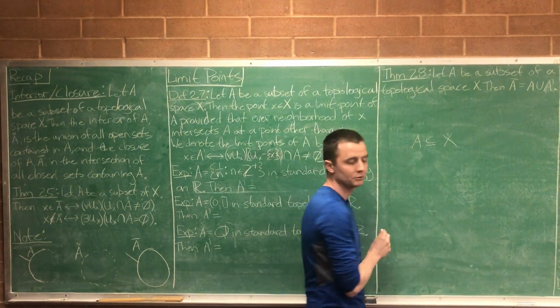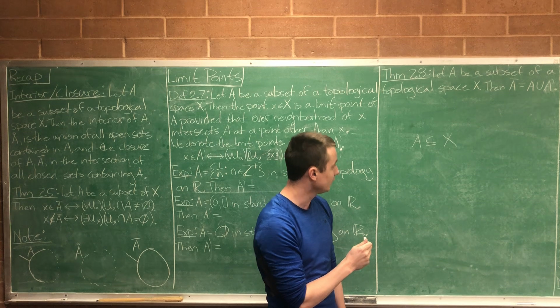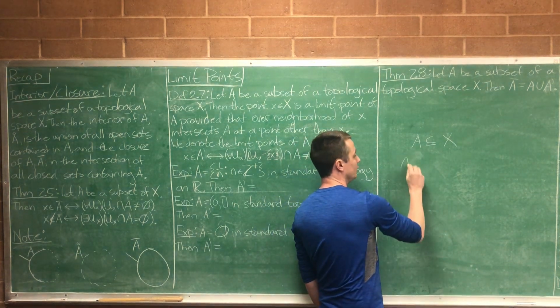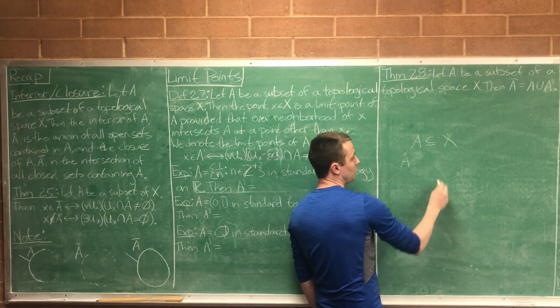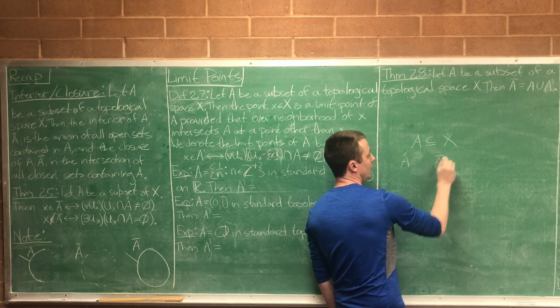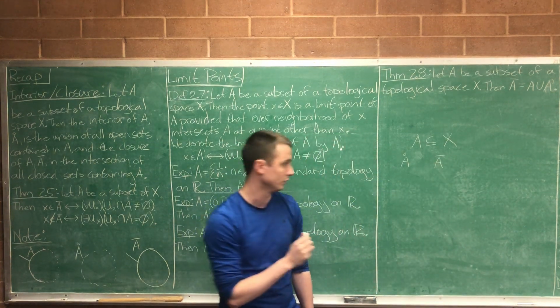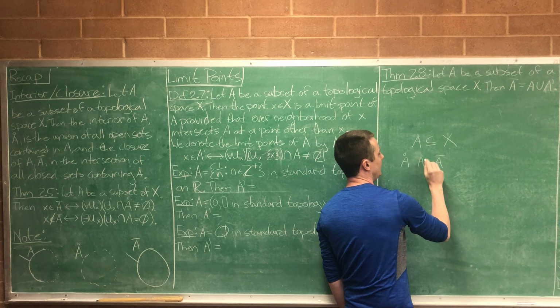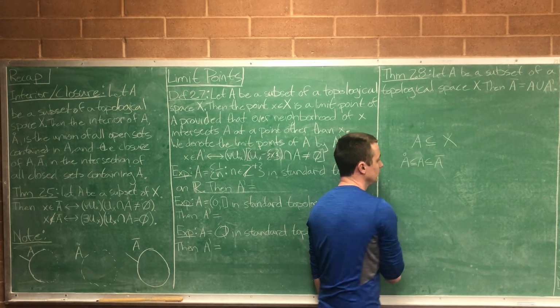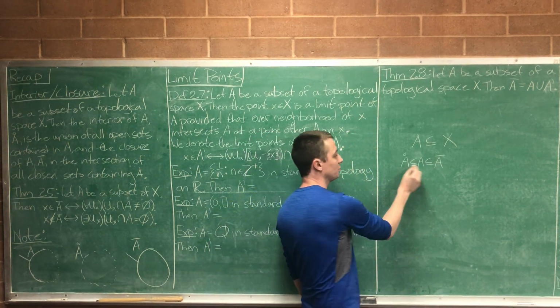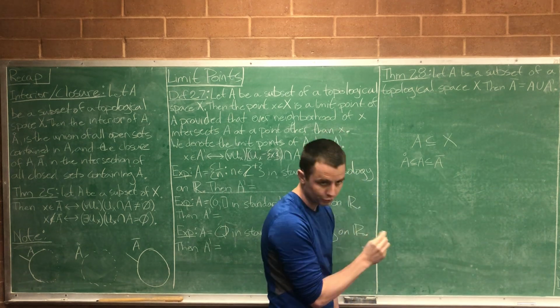We found a set to associate with A that's always open, and we called it its interior. And we found a set that's always closed, and we called it its closure. We defined them such that A is always sandwiched between them: the interior of A is always a subset of A, which is always a subset of the closure of A.